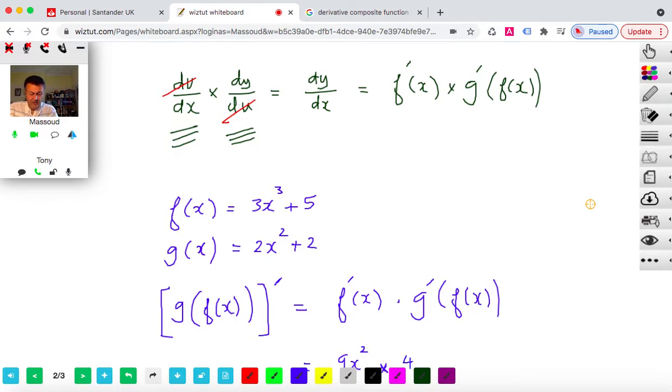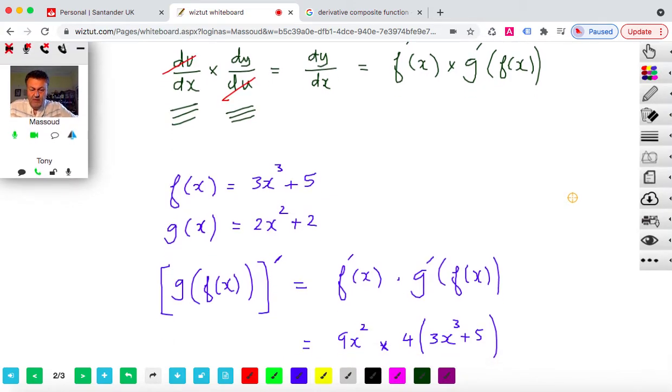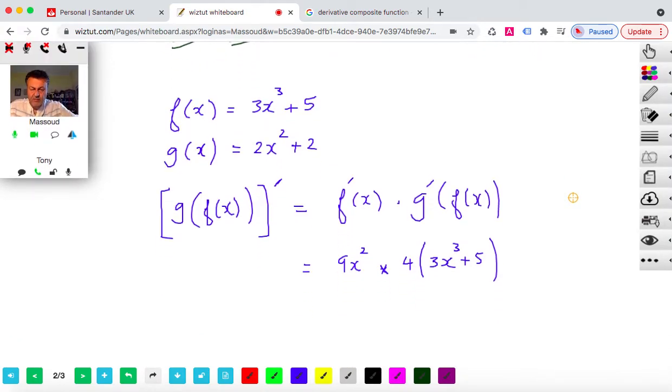But the x of it is going to be an fx, so it'll be 4 fx. So that would be, when you simplify it, the final differential.